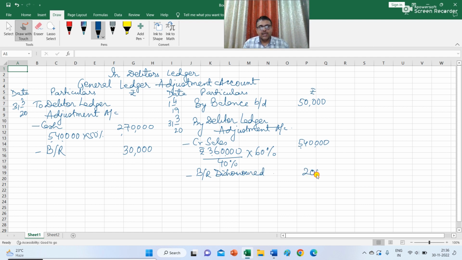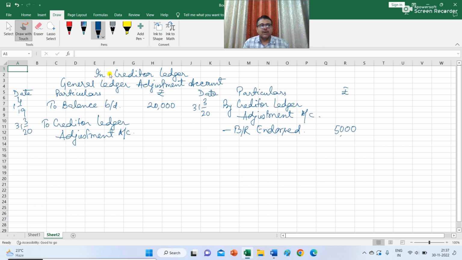is rupees 2,000. This will be appearing in the general ledger adjustment account as it is appearing in the debtor ledger, as well as in the general ledger adjustment account as appearing in the creditor ledger. So on the debit side, I have to record BR dishonored rupees 2,000.